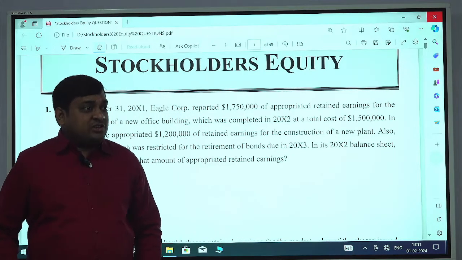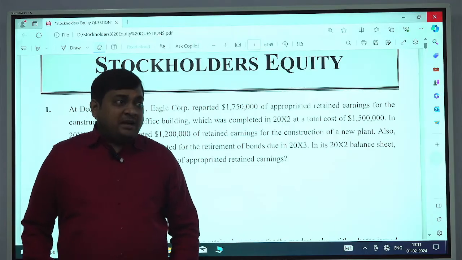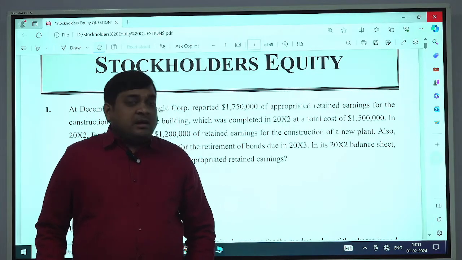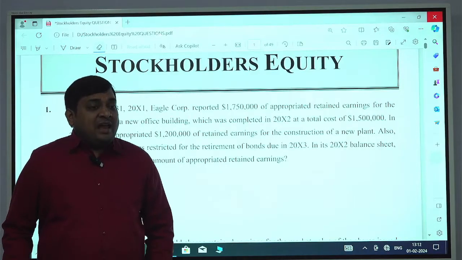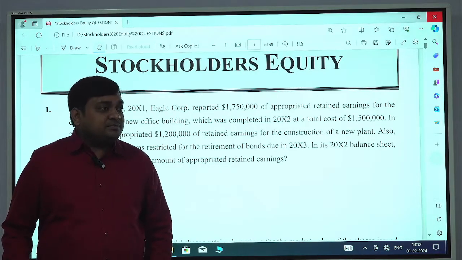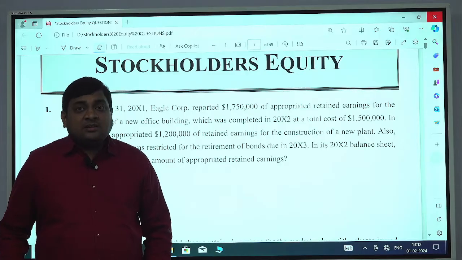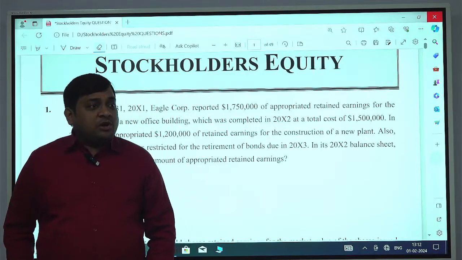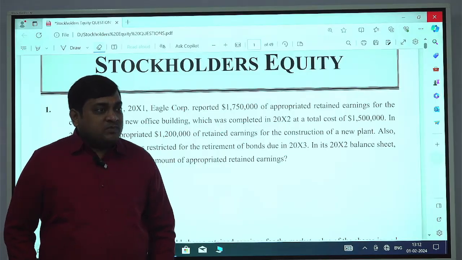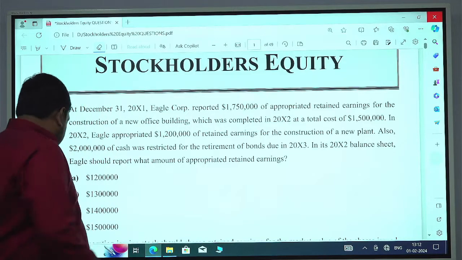That is known as treasury stock. We have two treatments for that. We have also seen different types of dividend treatment, like stock dividend and liquidating dividend. So today we are going to do MCQs related to this topic. Let us see the first question.